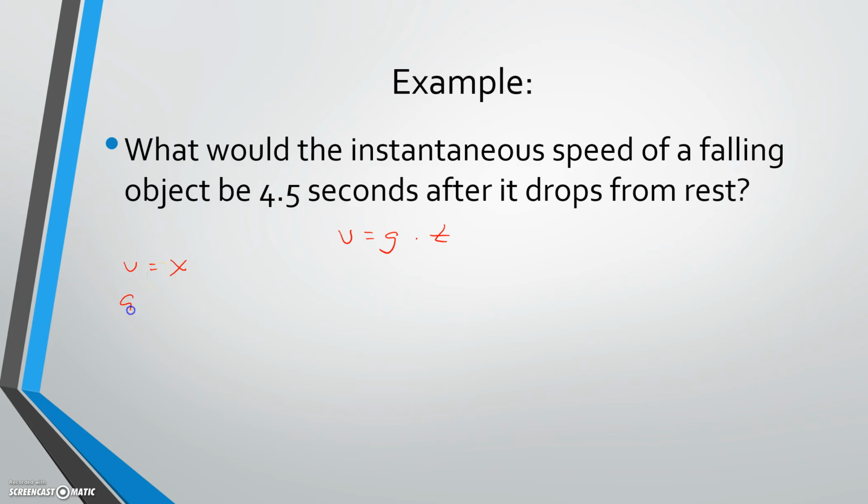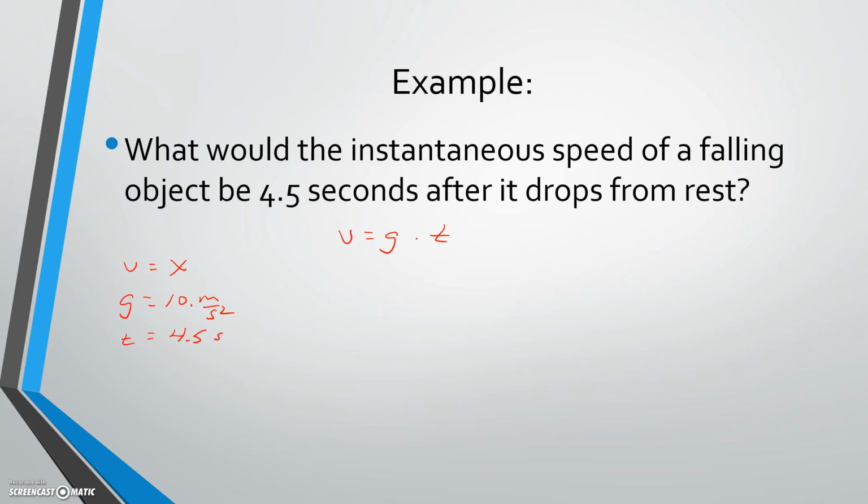The g stands for our acceleration due to gravity. It's not going to be given to us in a problem because it's a constant, and we need to know that that equals 10 meters per second squared. t stands for time, and for this particular question, our object is falling for 4.5 seconds.